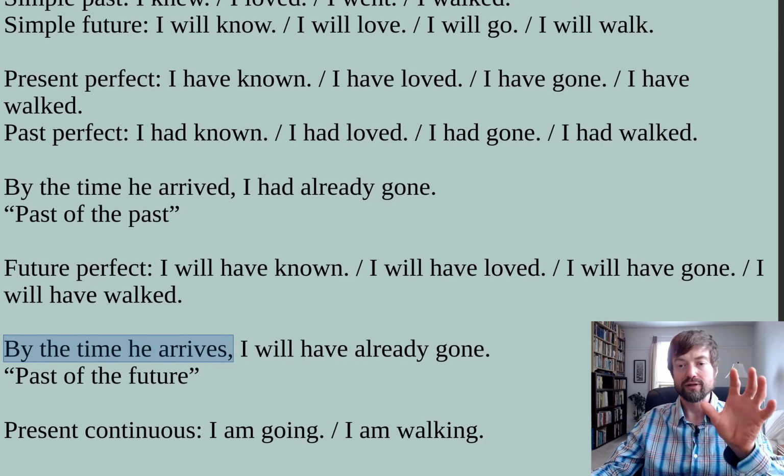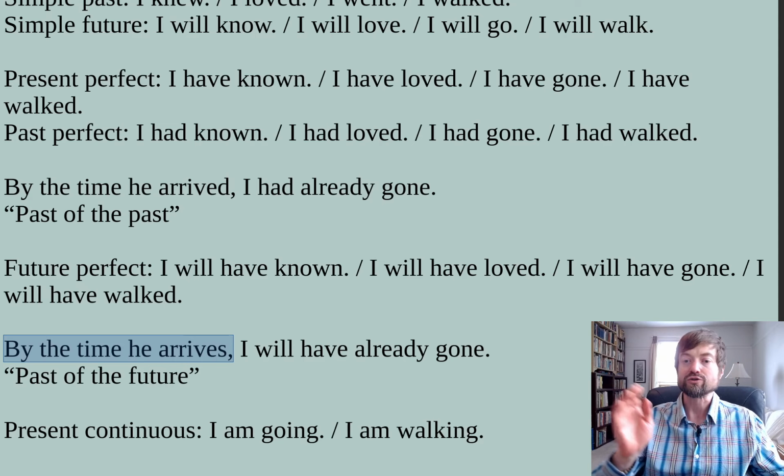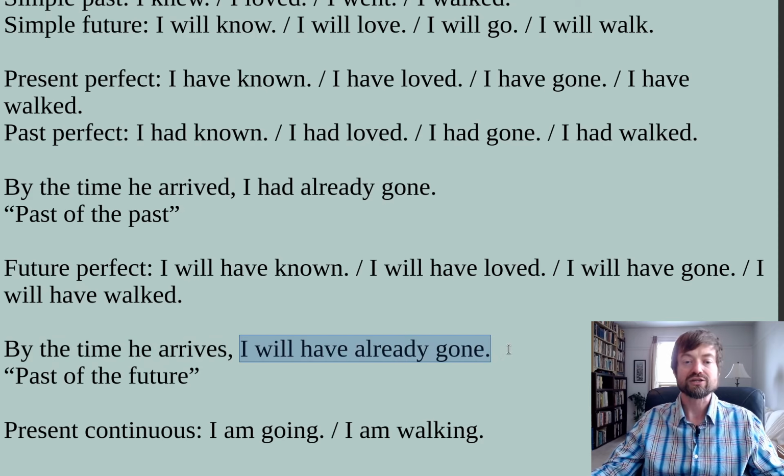There's some point. He arrives. Okay, this is going to happen sometime in the future. He's going to arrive. So here's the reference point by this time in the future. And you're saying at this time in the future, there will be this resulting state, this finished thing that's already happened by the time of that reference point, the completed thing.